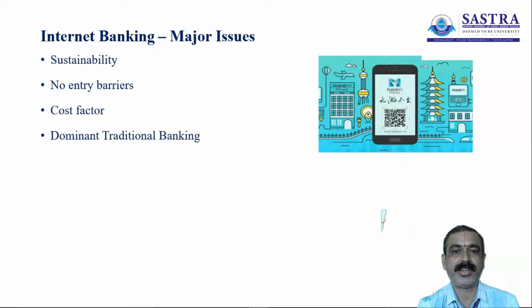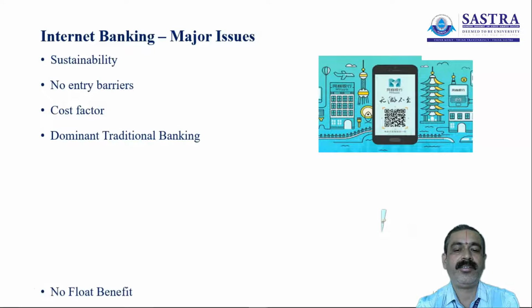Moreover, internet-based transactions are generally not fully automated, as they may require additional telephone calls, paperwork, data entry, etc. So the dominance of traditional banking affects internet banking today as a major issue.